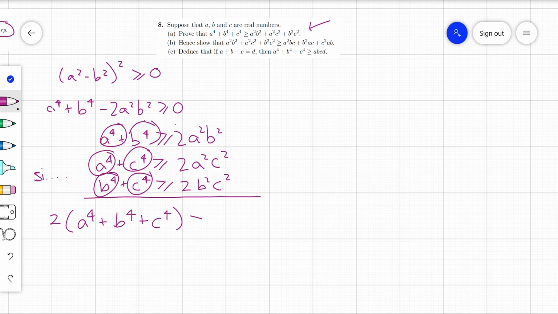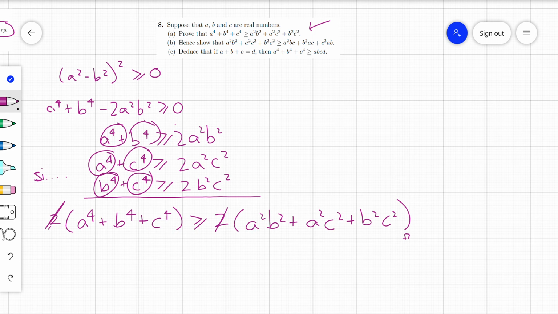And on the other side, we're adding 2 lots of A squared B squared, A squared C squared, and B squared C squared. Alright, that's pretty much what we want, but we want to divide by 2. So if we divide by 2 both sides, then we'll get our answer that we wanted.